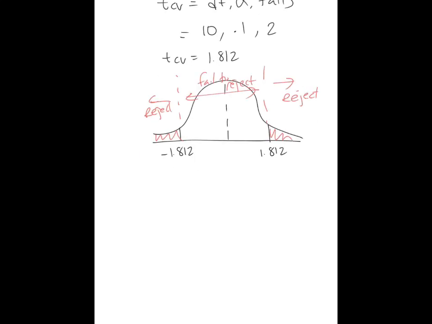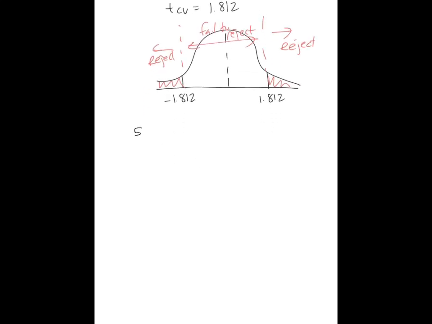Now we can finally go on to step 5. Okay, and step 5 is going to be just purely our t-test. So t is equal to x1 minus x2, so it's 6.444 minus 9.417.